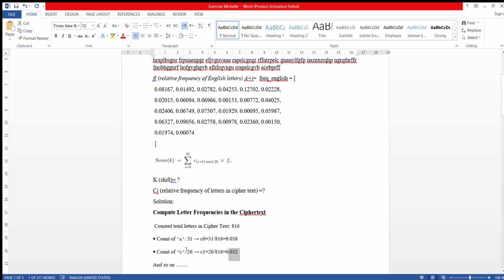So we will find out, for example, c0. So you will multiply this value by f_i, which is this one, if it is 0. So in this way you can calculate all the values.